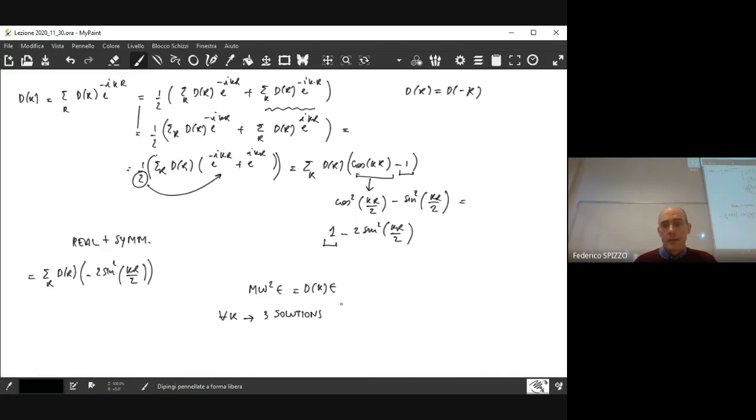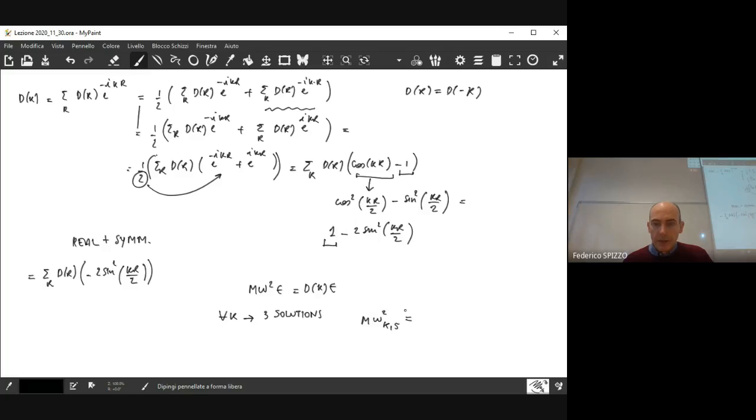So to express the fact that for each value of k we have 3 possible solutions, this means that the frequency omega square will depend both on k and on another index that is generally called s. In a while, I will comment about that.